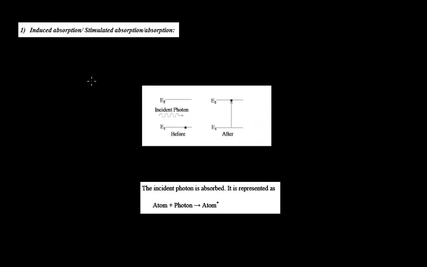Now we'll talk about absorption first. So here we can see that there are two energy states, right? E1 and E2. And energy level increases from bottom to top. So it is clear that the energy E2 will be greater than E1.